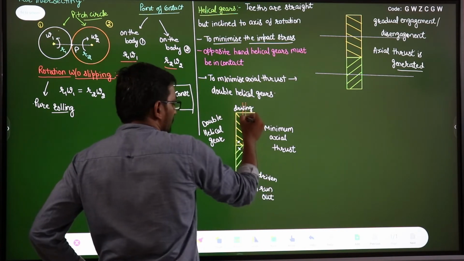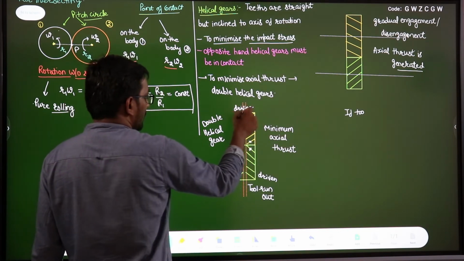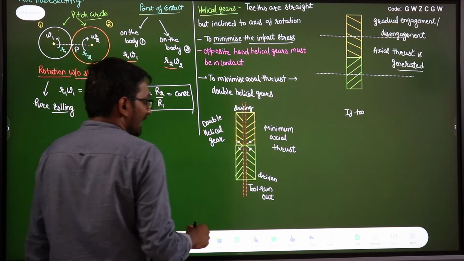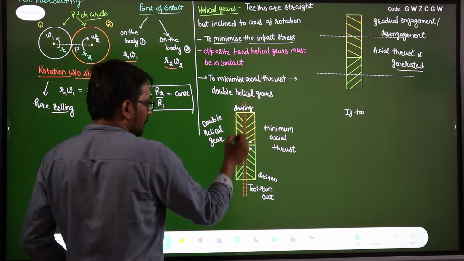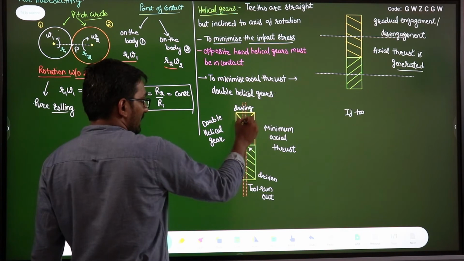Suppose this is the input, this is the output. So we can say this is the input shaft or input gear, this is the output gear.